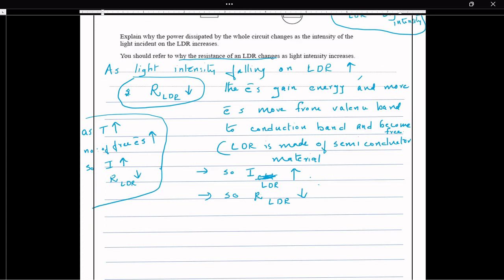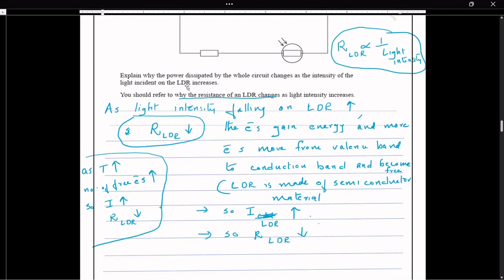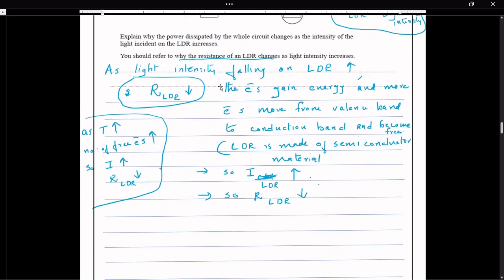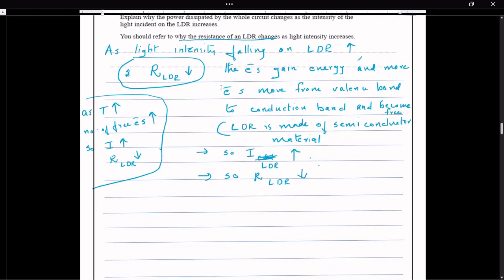Now let's move on to the next part of the question. What they are asking is to explain why the power dissipation changes. Here we see that the resistance of the LDR decreases. That means the current through the LDR increases.